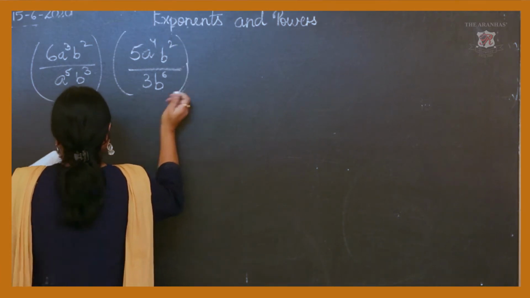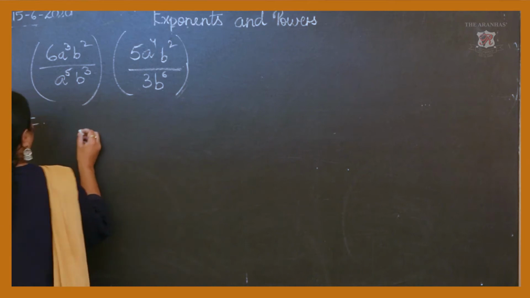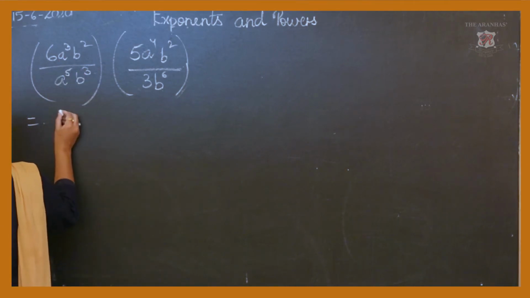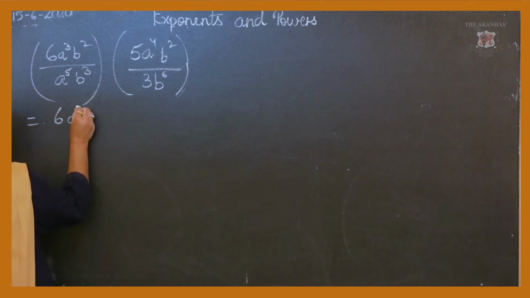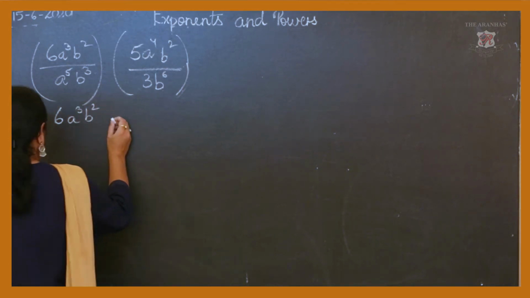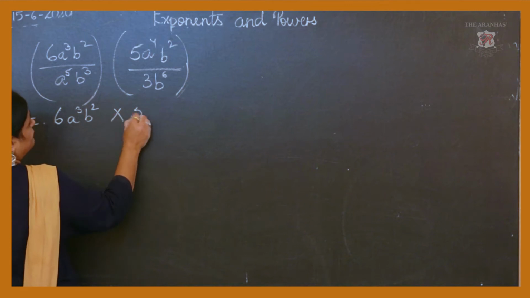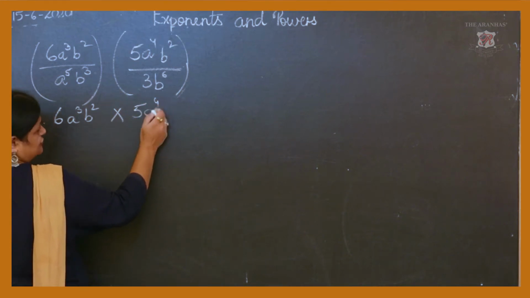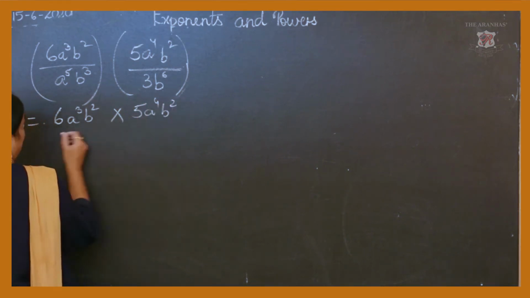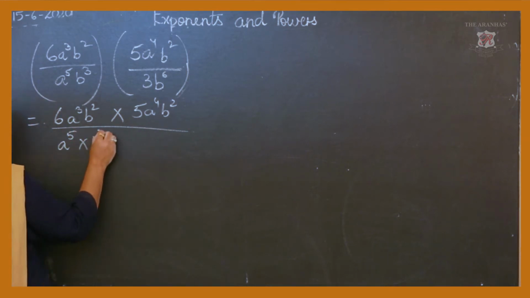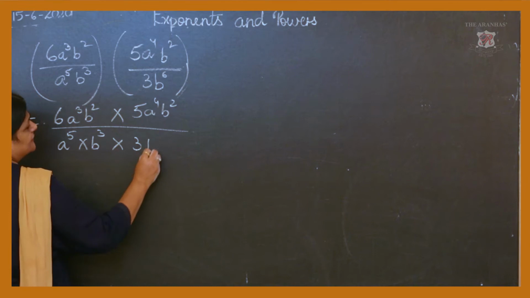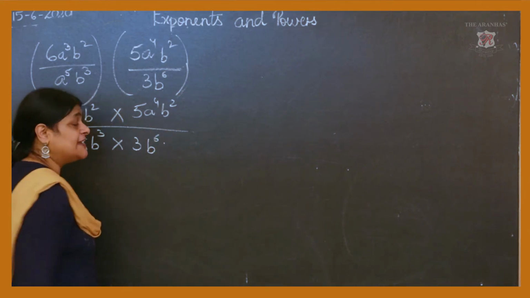Okay, so now over here, your first step will be what? 6a cubed b square into 5a to the power of 4 b square upon a to the power of 5 into b cubed into 3b to the power of 6.